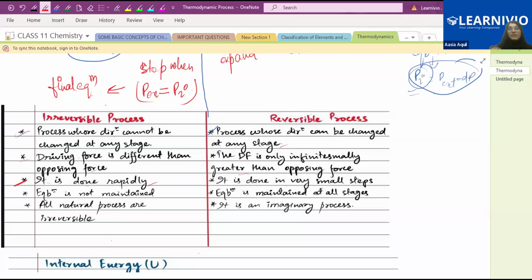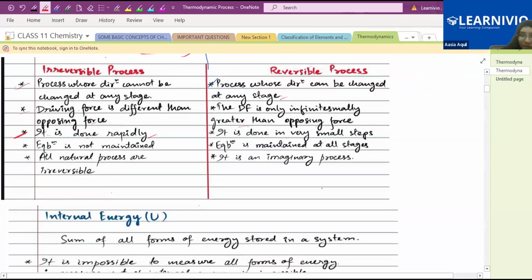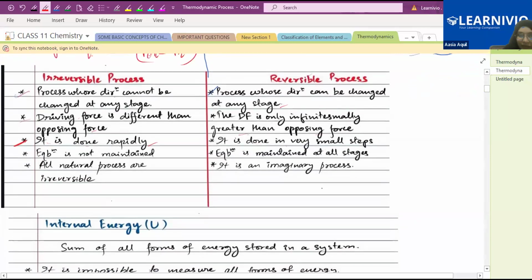When the reaction proceeds in very small steps, the chances of reversibility increase. But if the reaction proceeds rapidly, the chances of reversibility are nil. So that's why an irreversible process occurs rapidly, and the equilibrium is not maintained.